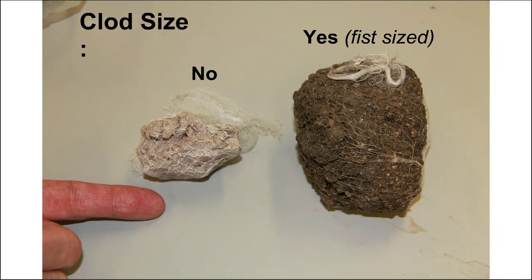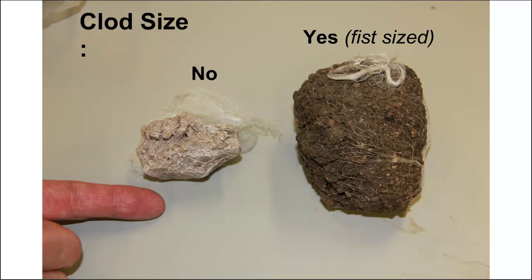Okay, here you see two clods. The clod on the right, that looks like a good clod. Everything's intact. It doesn't have any of the crumbles. It doesn't have any peaked edges, and we like to see them roundish with no pointy edges. And of course, fist size or that cell size that you see on the clod box, those are perfect sizes.